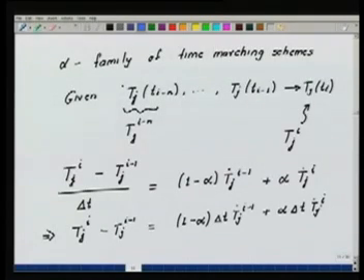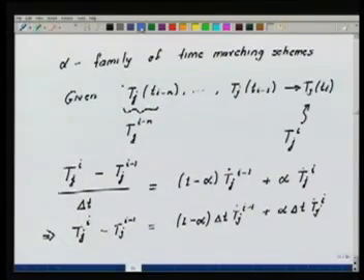Now, what do I do? I am going to take this equation and operate on it with C, that is with Cij. What will I get?